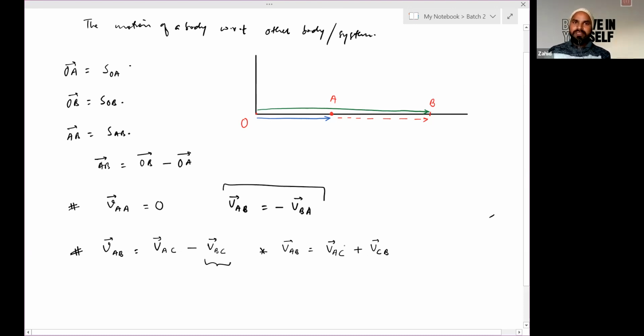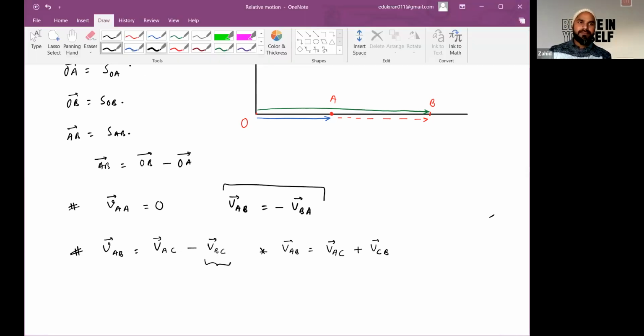So we have mainly 4 different relations for relative motion.